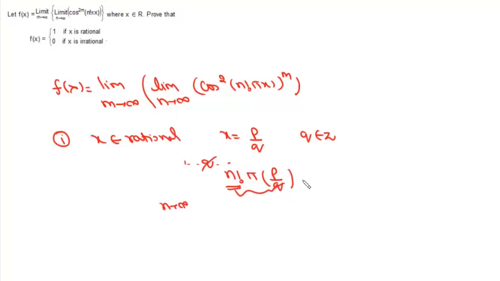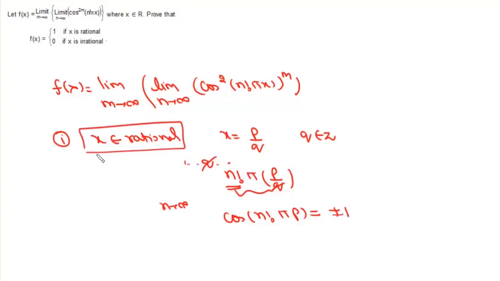And if it is an integral multiple of pi, then cos of n factorial pi x will take the value either plus 1 or minus 1. So in this case, when x is rational, this f(x) will simply be plus or minus 1 to the power 2m, which is 1. So when x is rational, the value of f(x) is 1.